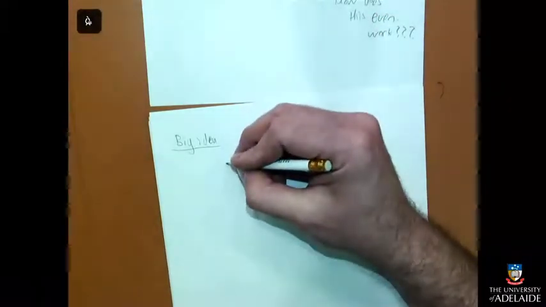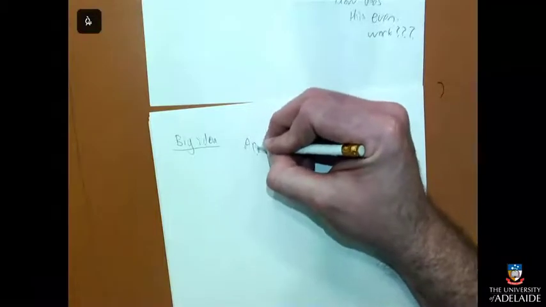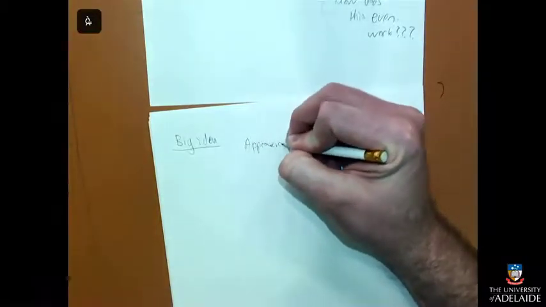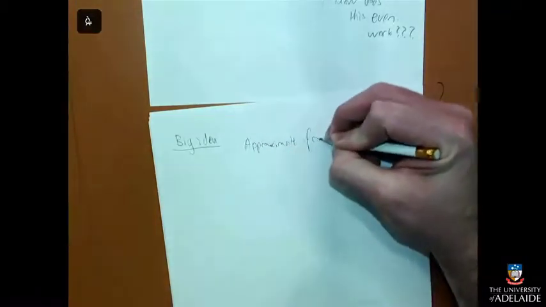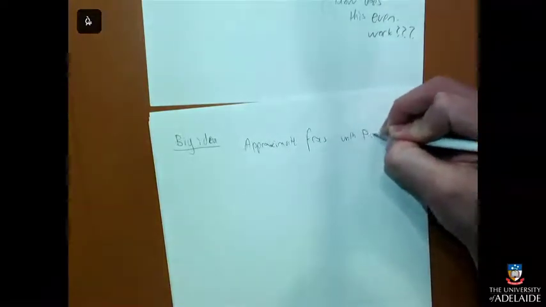Okay? So if I work that backwards and think, if I want a polynomial that's really close to my function, I'm going to arrange it to have the same value as my function at a specific spot, and the same derivative at that spot, and the same second derivative, and so on until I get it as big as I want it to be. So I'm going to approximate f of x with a polynomial.